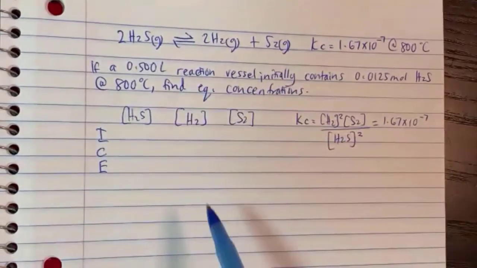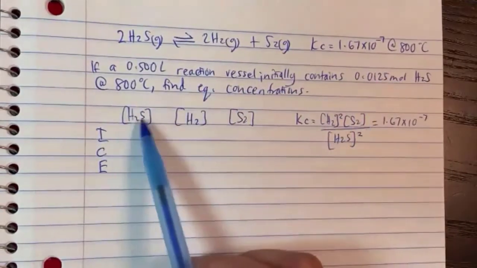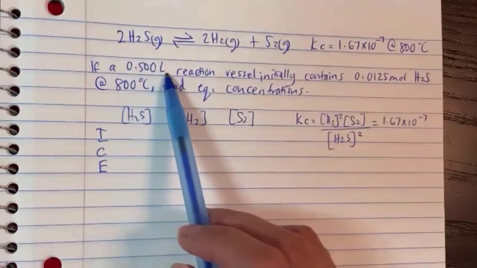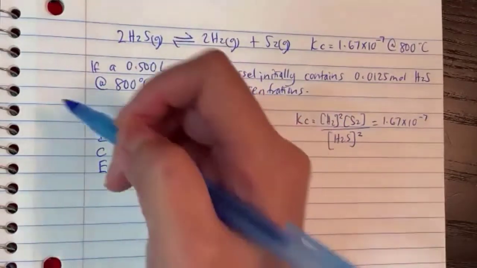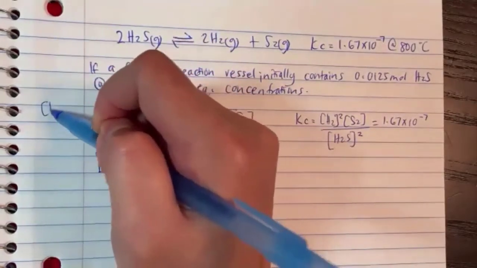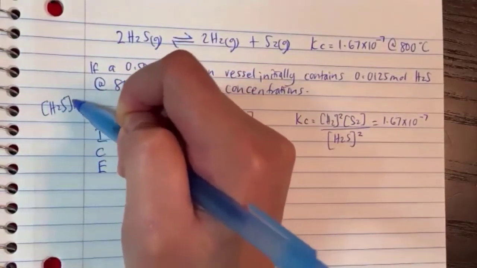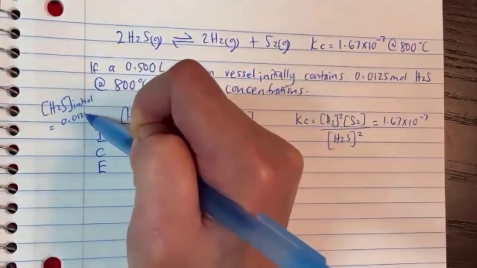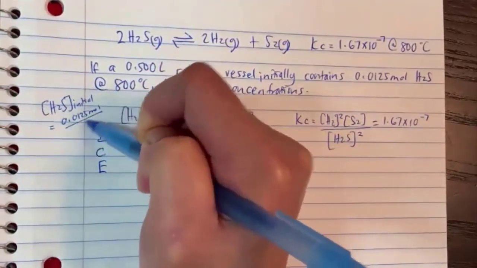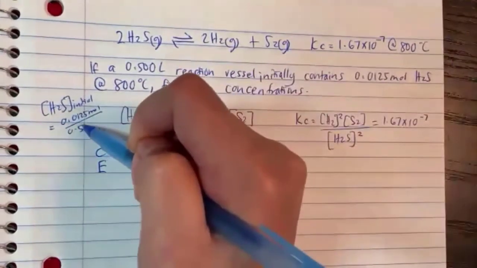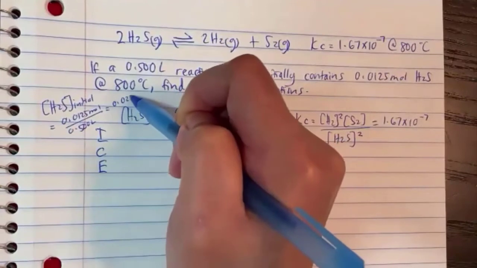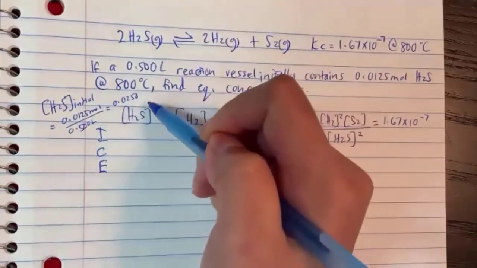So initially, what was our molarity of H2S? It was 0.0125 moles divided by 0.5 liters. So I'll write it on the side here, H2S initial is 0.0125 moles divided by 0.5 liters, so 0.0250 molarity.